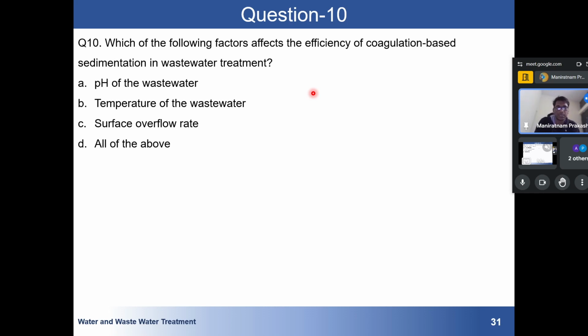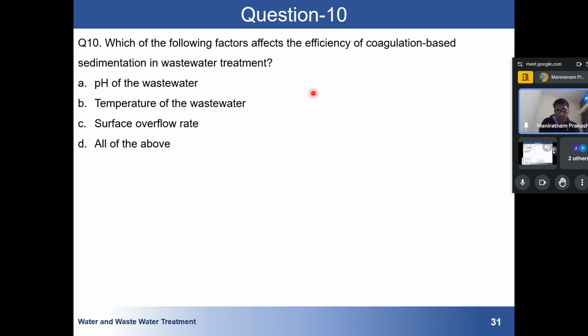The basic difference is that when we coagulate our system, we mix rapidly, so that a proper interaction between the suspended particles and a proper chemical reaction can happen. And when we do flocculation, we gently mix, because after coagulation the majority of your particles will have settled down.